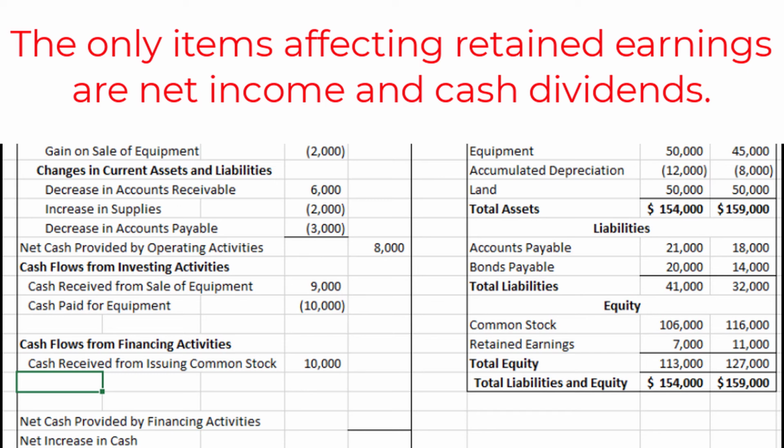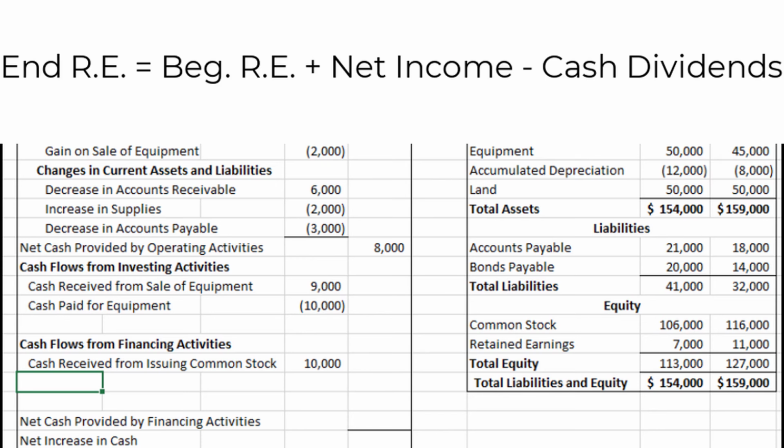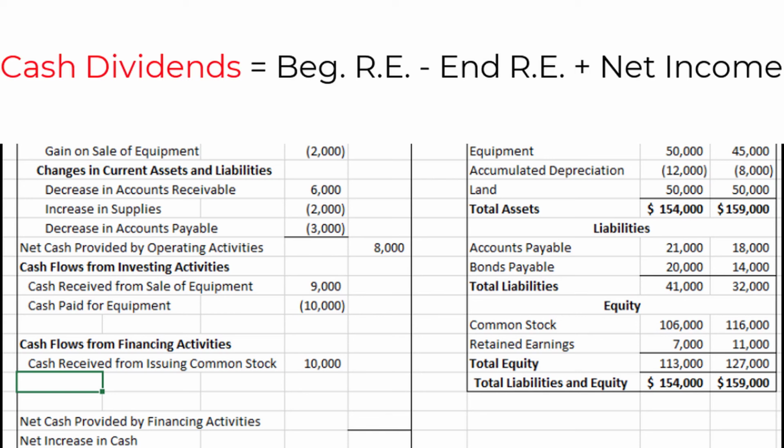Notably, we can use another formula here, and that is to find the ending balance retained earnings, we can take the beginning balance retained earnings, add the net income, and subtract the dividends paid. Now the number that we need here is the amount of the dividend payment. So just like earlier, we can rearrange this formula algebraically to find that the dividend payment is equal to the beginning balance of retained earnings minus the ending balance in retained earnings plus the net income. So all we need to do is to figure out what those balances are and plug them into the formula.